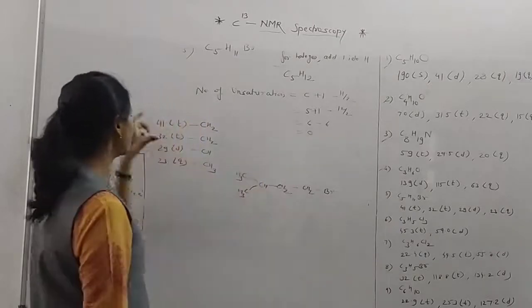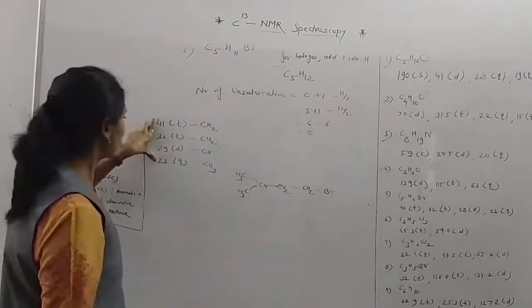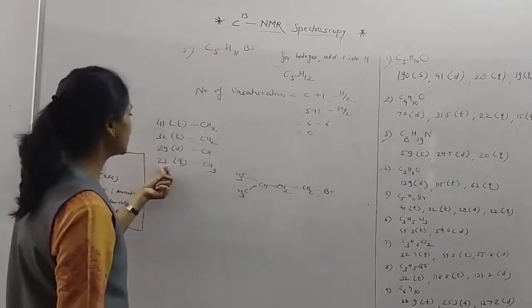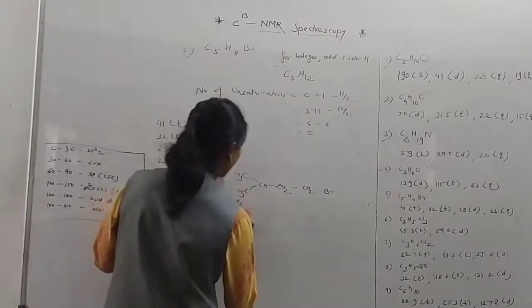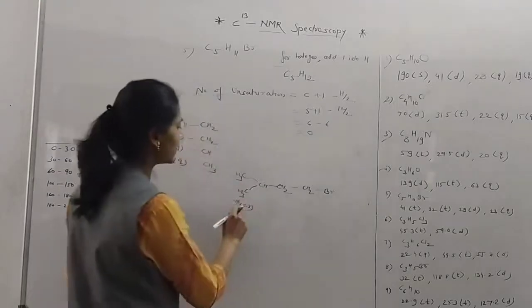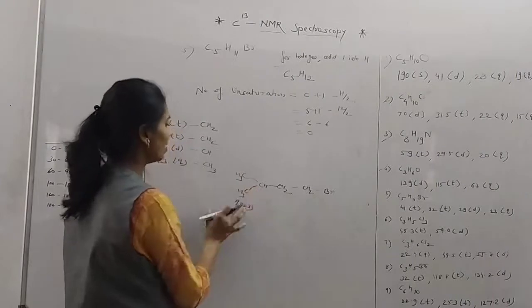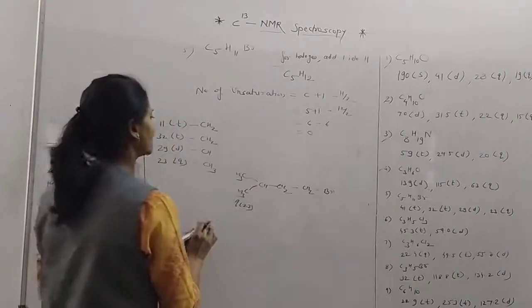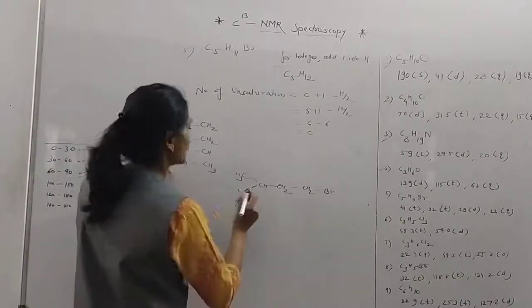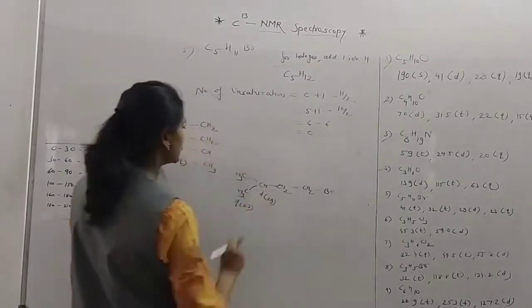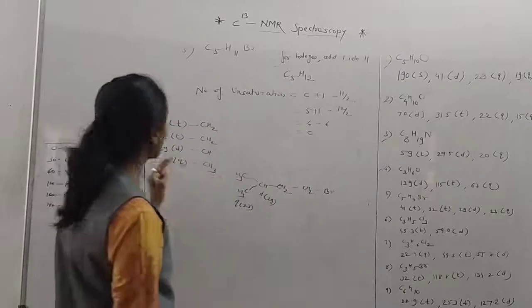Now the last thing is to check the values, that means the position. Here quartet at 23. This is a quartet at 23. This is an sp3 hybridized carbon atom which is attached to another carbon, so its value between 0 to 30 is correct. Now CH, it's 29 and doublet. It is again correct since it is sp3 and attached to a carbon atom.